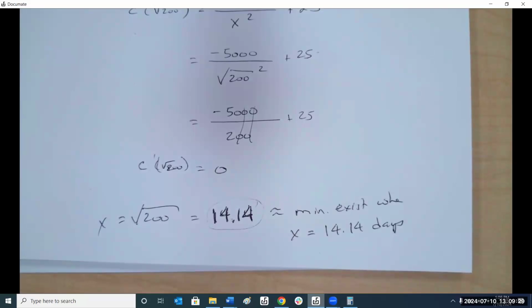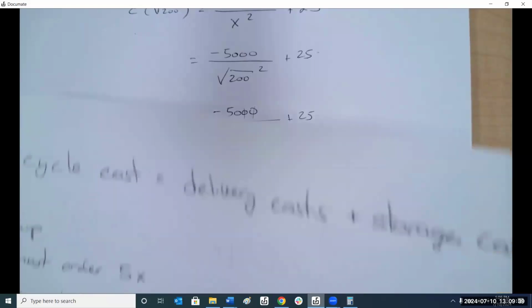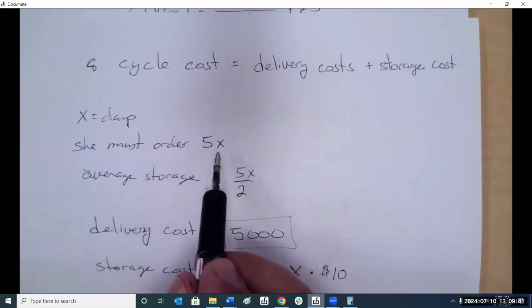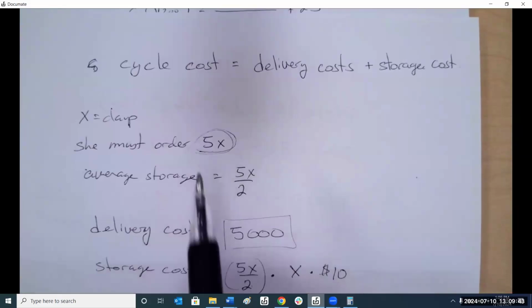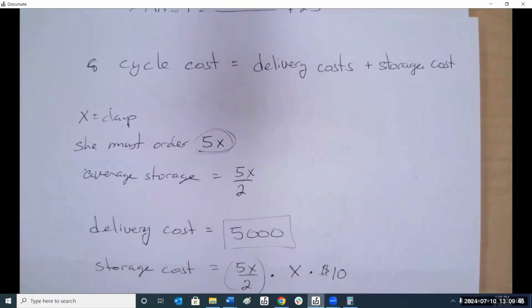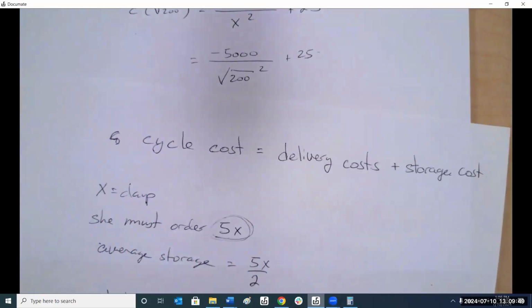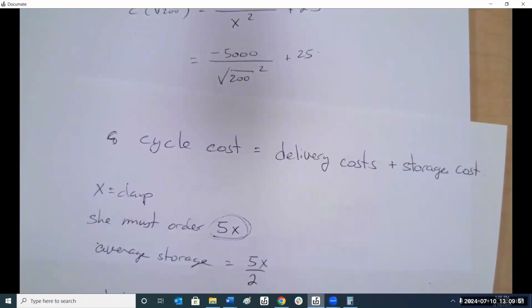So how often should the deliveries be made? She should expect the delivery order of this. Remember, the question asked, how much material should we order each time?